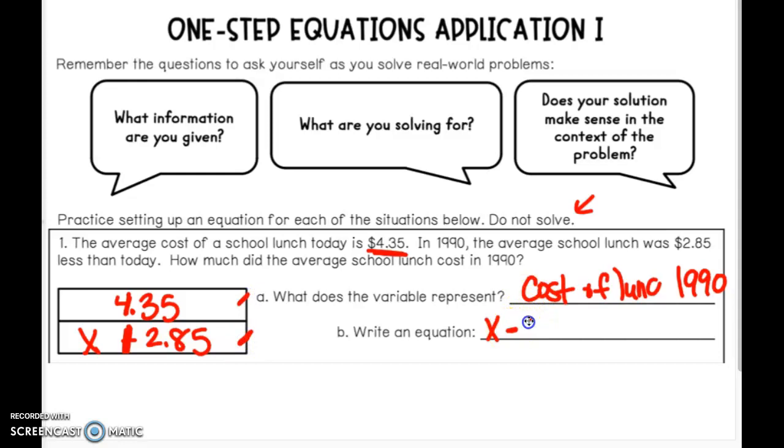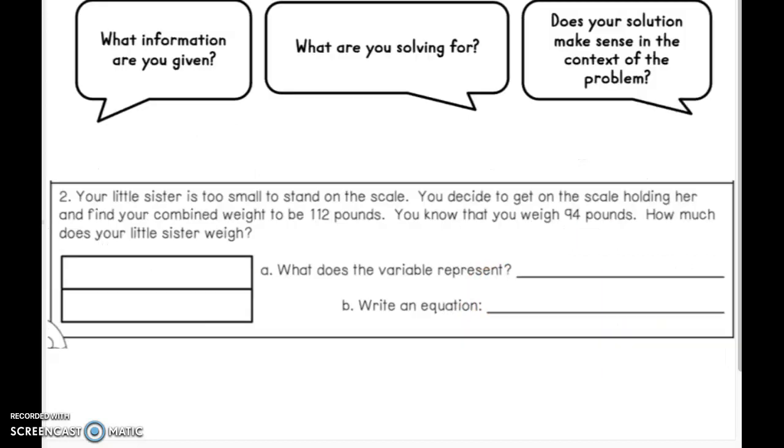So X minus 2.85 is equal to $4.35, or it's less. So it's less than, so we have to take the old one and add 2.85 to it, and that's what our new one is, okay? So here we go, that's how we would set that up. It's less than this, but whatever it was plus whatever it is has to equal the 4.35.